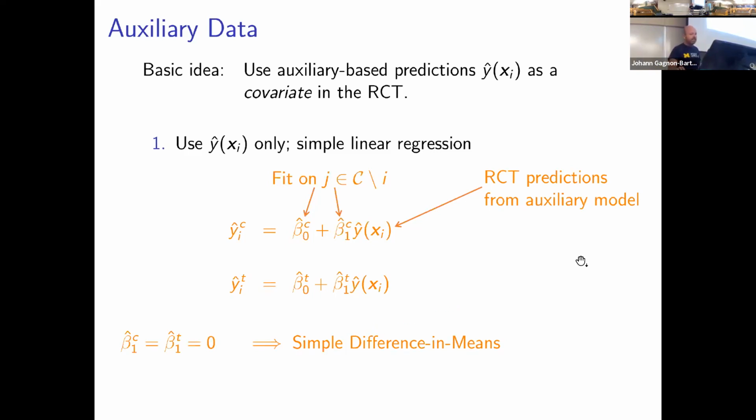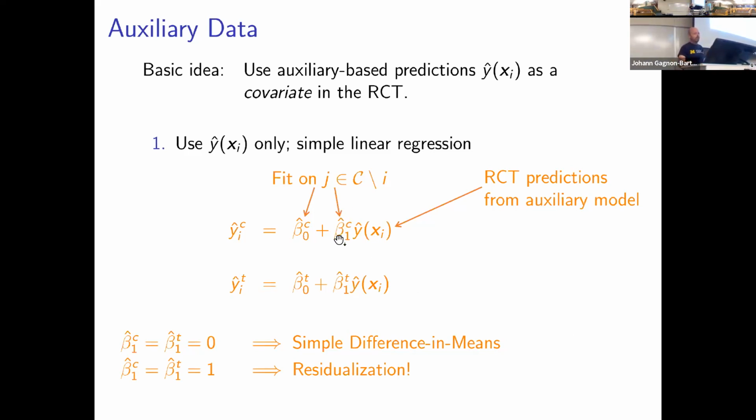One thing that you can see that's nice: if the slope coefficients are 0, then by that same logic as before, we end up getting back to the simple difference in means estimator. If the slope coefficients are 1, that gets us back to this residualization estimator.